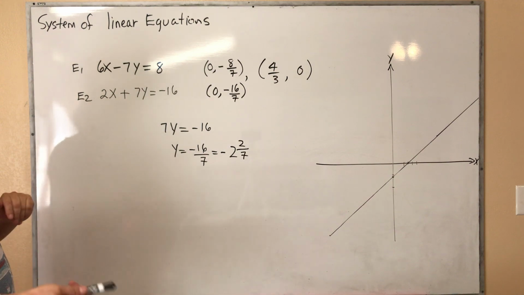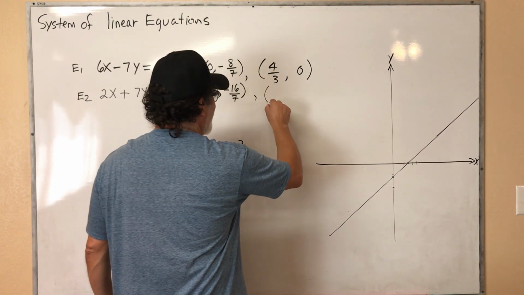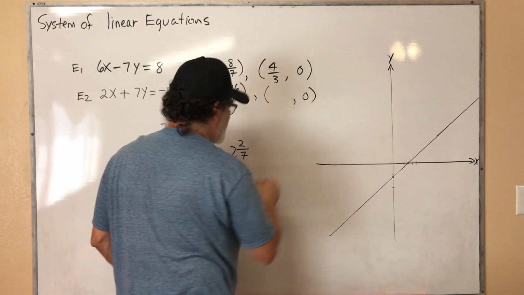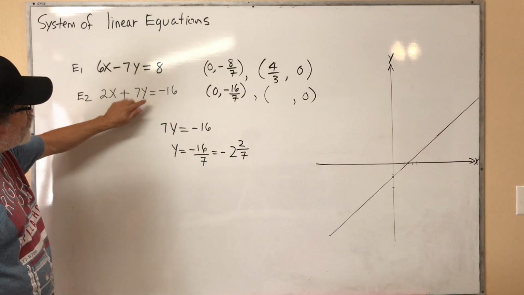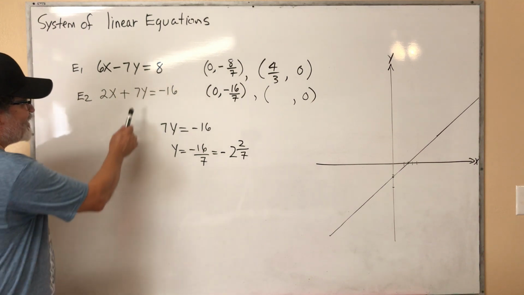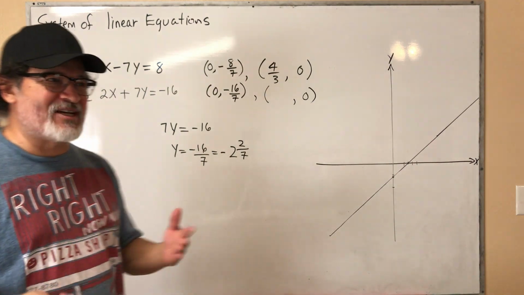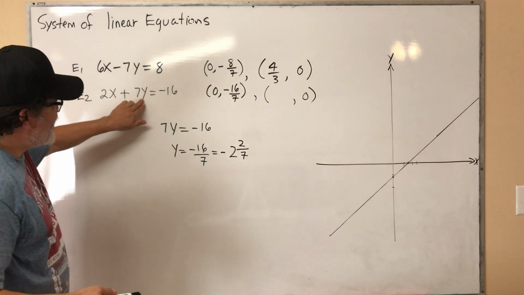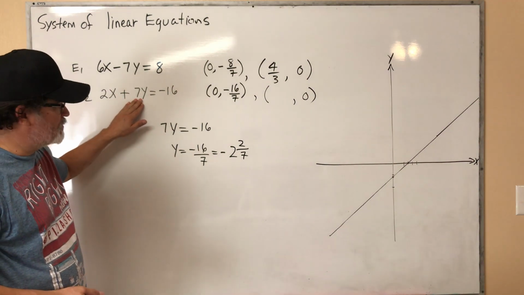Let's find another point. Now let y be 0. If y is 0 right here, you cover that, because what's 7 times 0? 7 times 0 is 0, so that's gone. If y is 0, this term disappears.